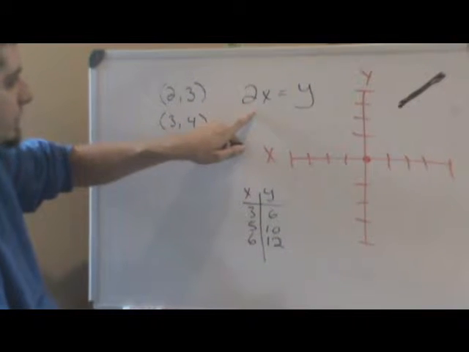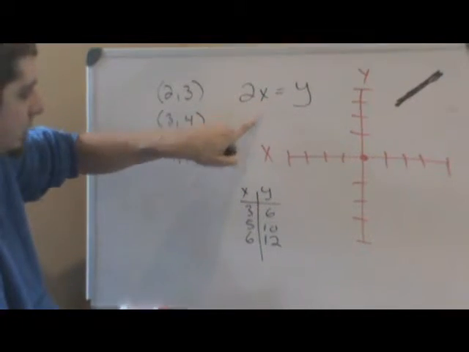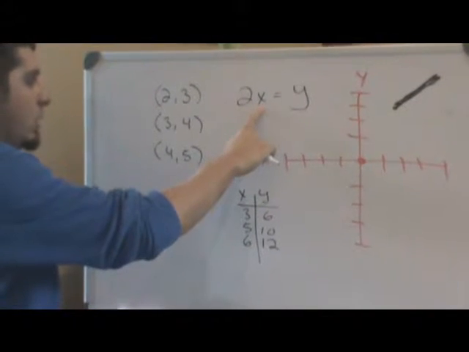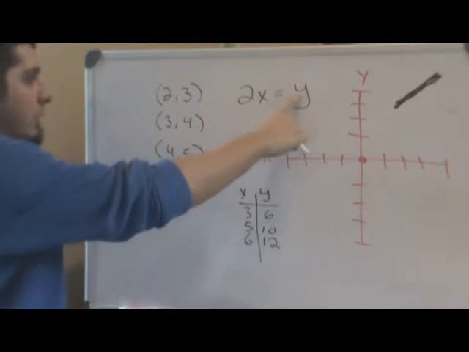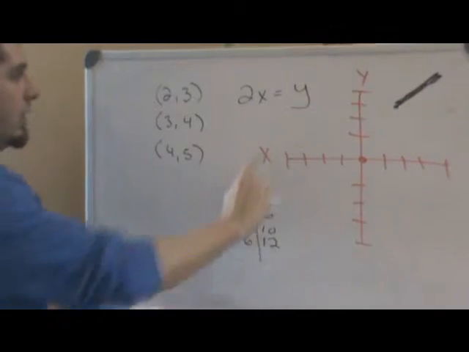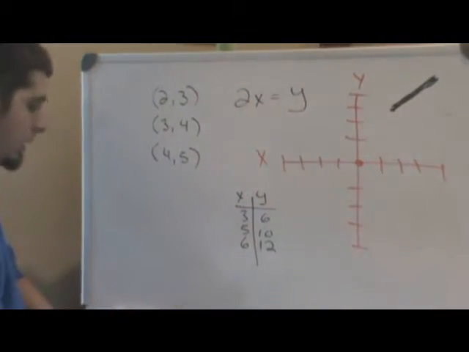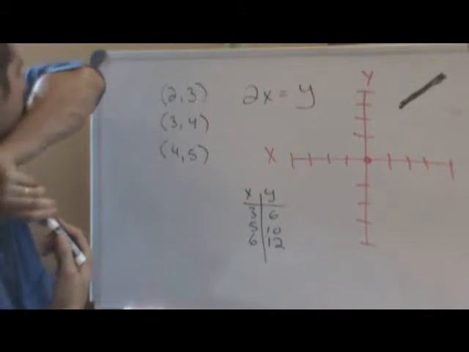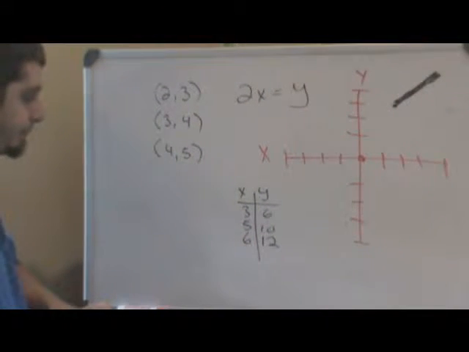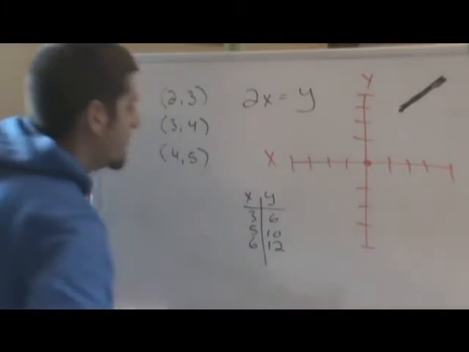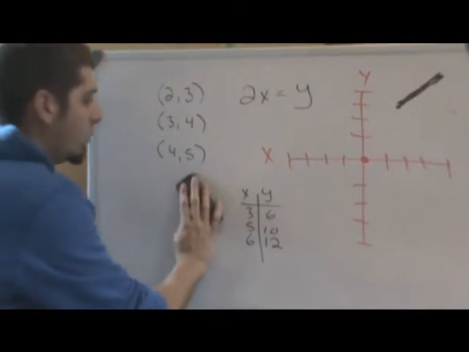This equation represents the relationship between the x-coordinate and the y-coordinate. It's telling you that the x-coordinate, when doubled, gets you the y-coordinate. Or it's telling you that y is half of the x-coordinate, or y is twice as big as the x-coordinate. So the equation tells you that relationship between x and y.